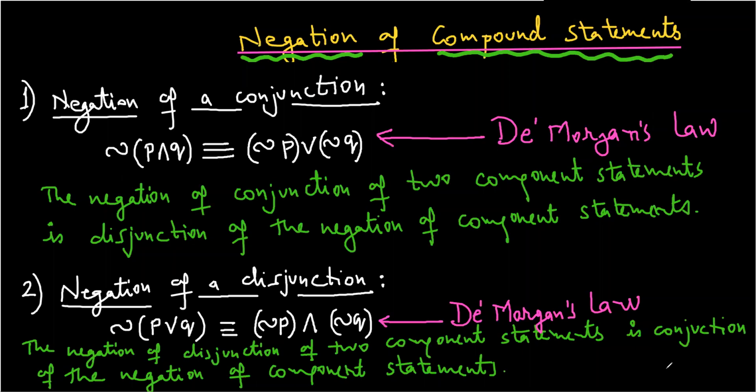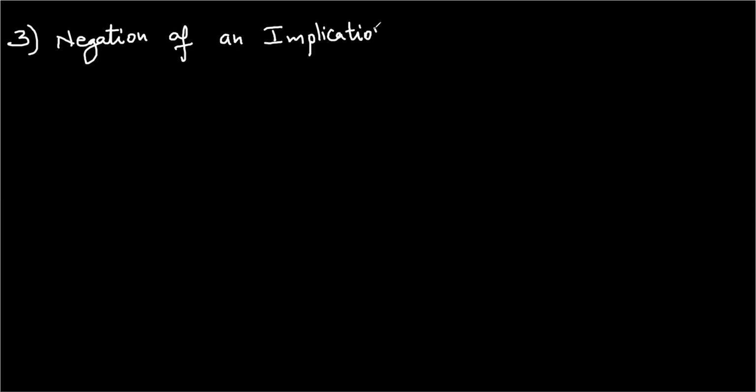After doing the negation of conjunction and disjunction, the third one we take is the negation of an implication. This is most interesting.